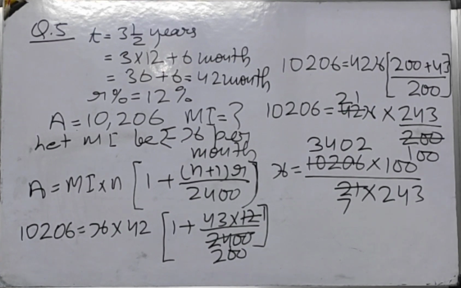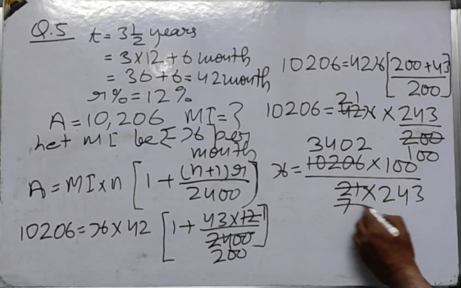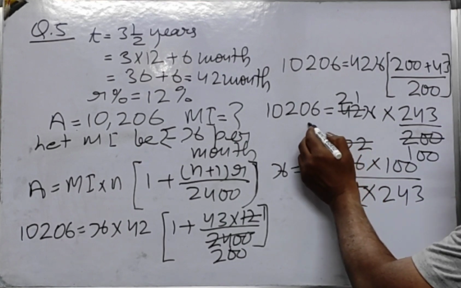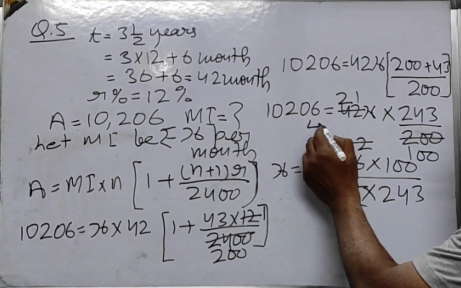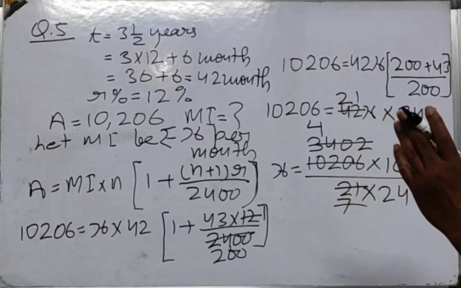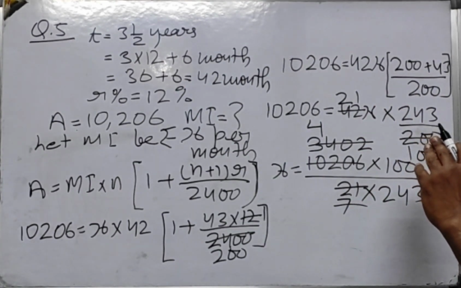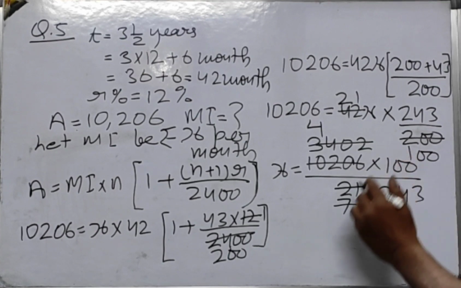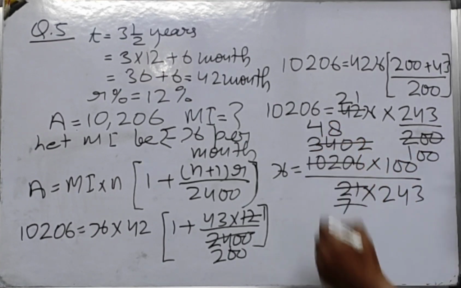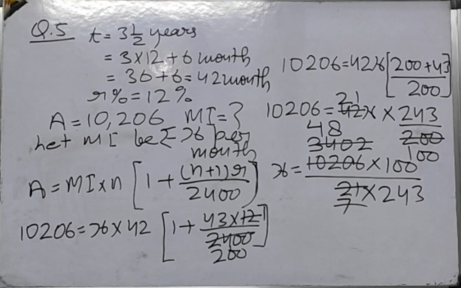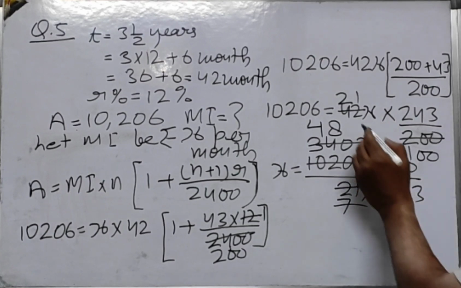Now it is divisible by 7 also. 7 fours are 28, 34 minus 28 you get 6, and 7 eights are 56. 7 sixes are 42.